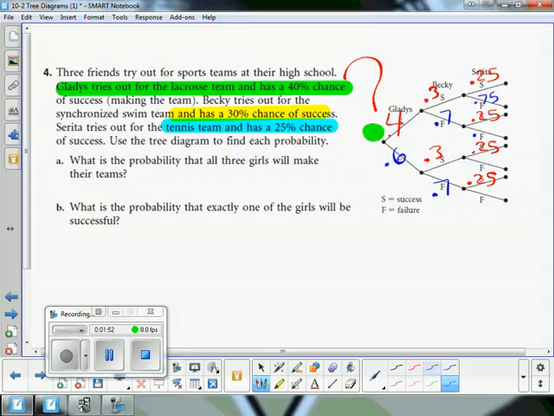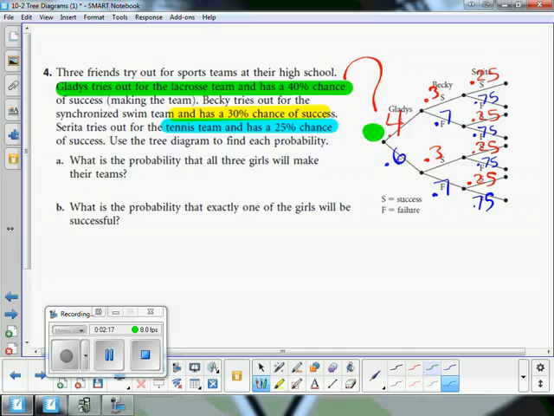Now, these are the probabilities for these independent events. Sarita making her team is independent of whether or not Becky made her team. Meaning that Sarita's chances of making the team are not affected by whether or not Becky made the team.